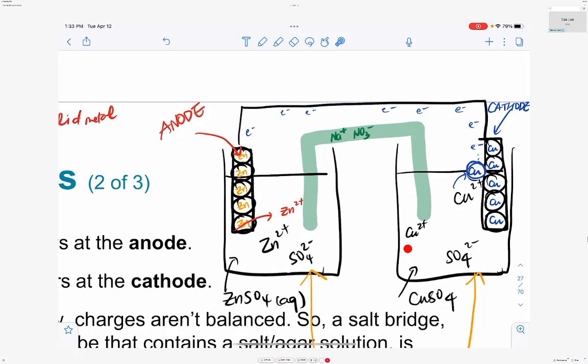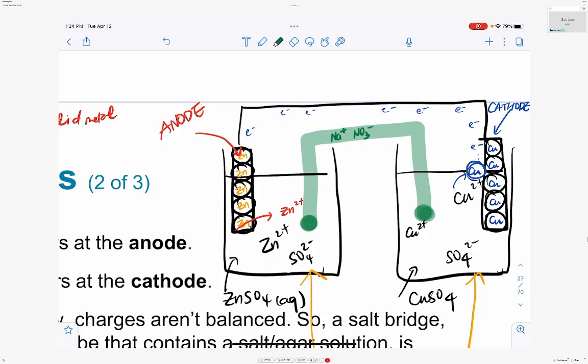There is some paste or gel or cotton blocking the electrolyte solution, so this salt solution is not poured into these half cells. It's like a gel or paste or cotton that temporarily blocks it.